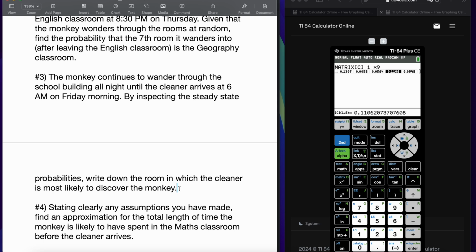So in this case, there are two different approaches we could use to solve this problem. In the first case, what we're trying to do is find the steady state of this Markov chain. What that means is I want to find an eigenvector whose corresponding eigenvalue for this matrix is equal to 1.